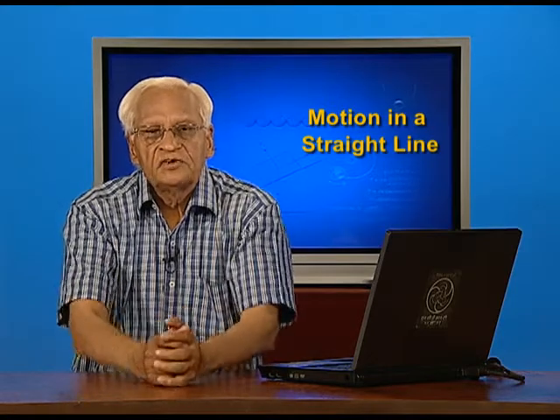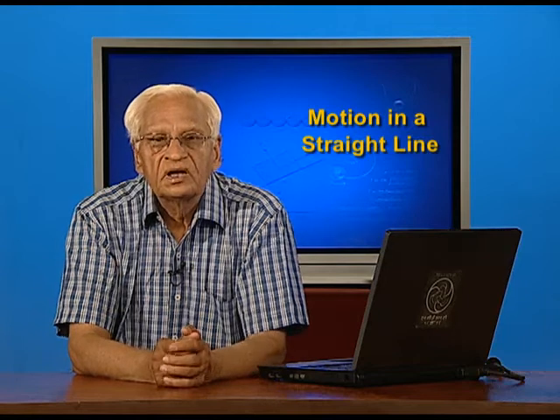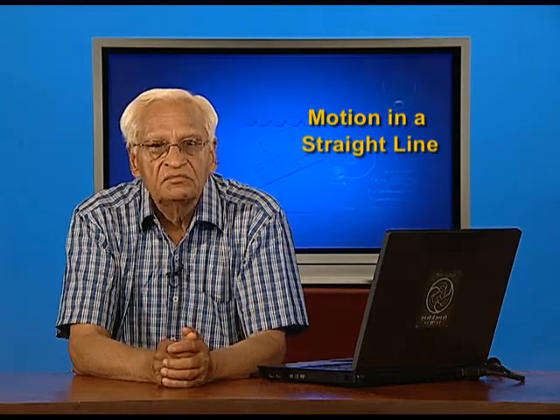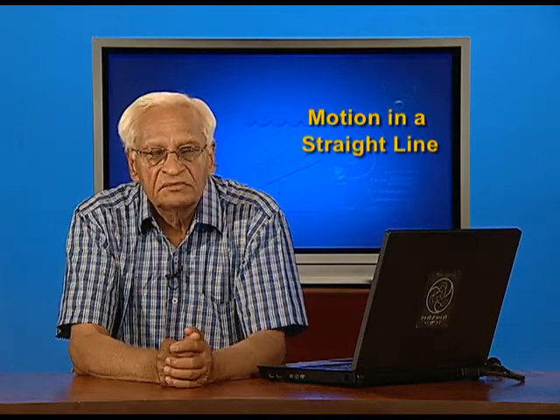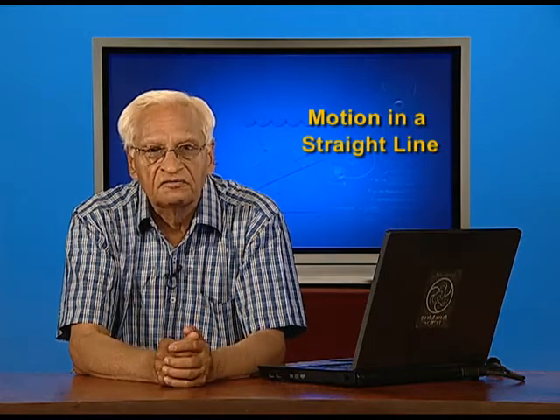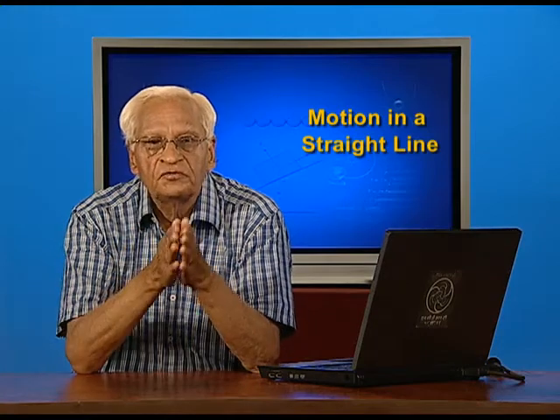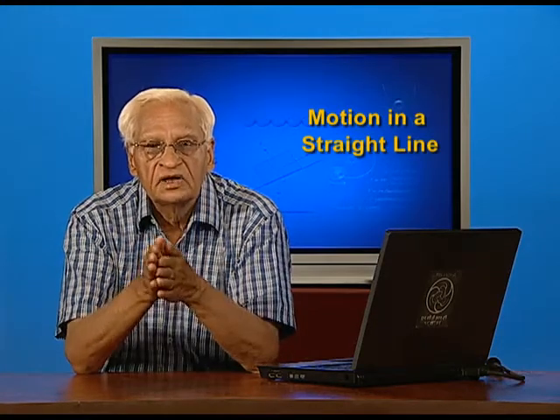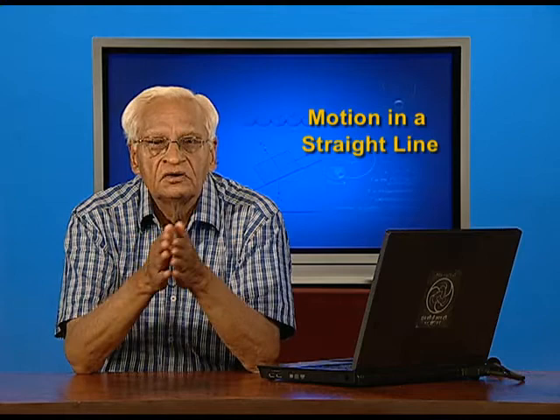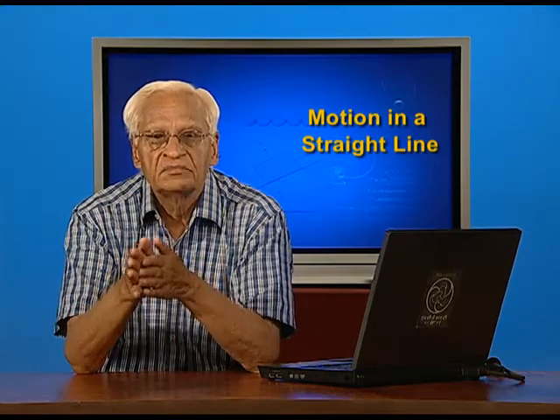In this lecture, we have seen the relationship between the distance time graph, velocity time graph, and acceleration time graph, and we have seen how from the distance time graph we can get the velocity time graph, and from the velocity time graph we can get the acceleration time graph.